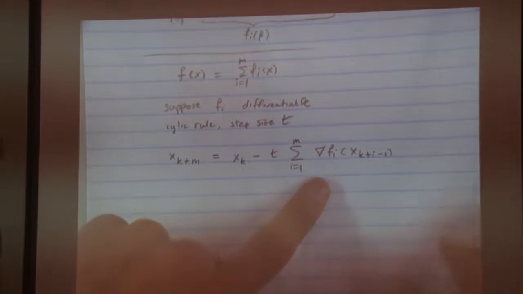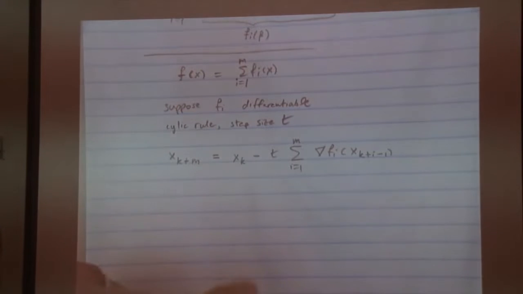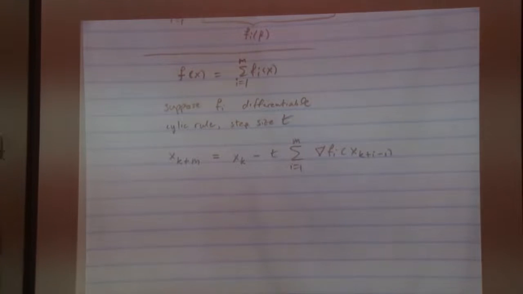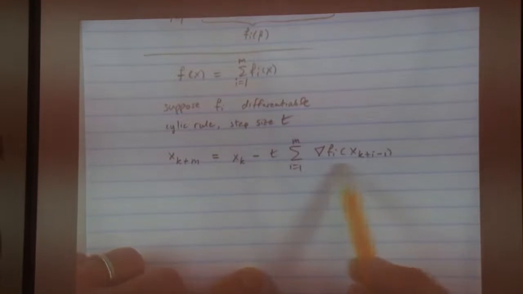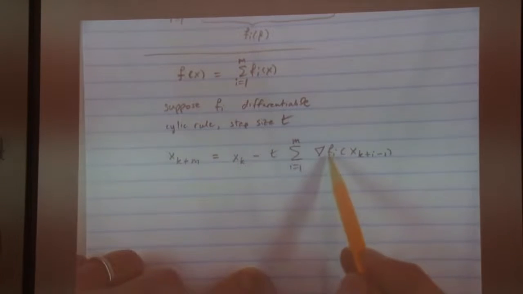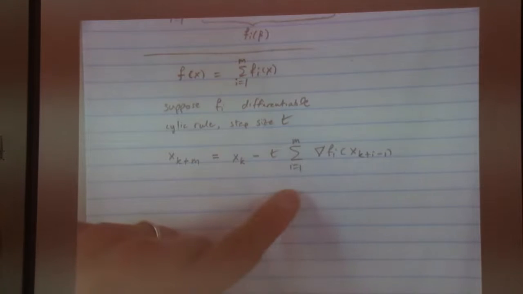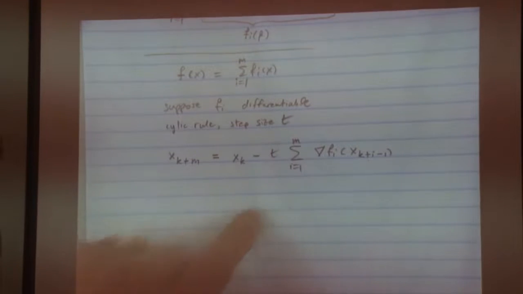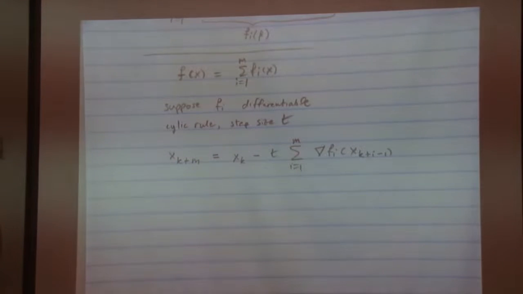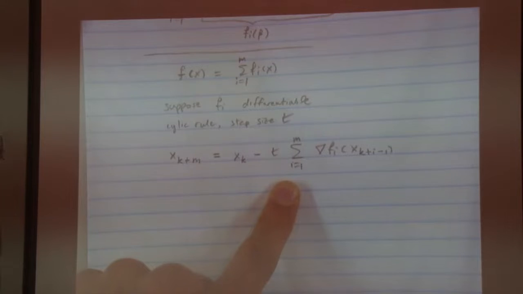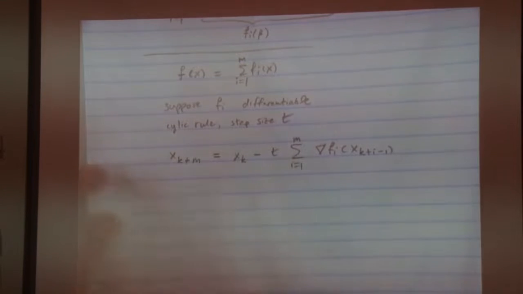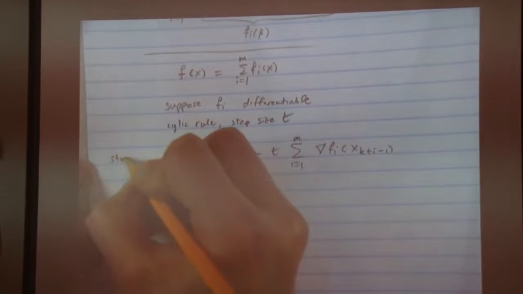The second step, we're going to go from there, and we're going to add along the gradient t times the gradient of f2, and then going to evaluate that at xk plus 1. That's the second term in this sum. So i equals 2. And then we're going to add the gradient along f3, and so forth. So after m steps, if we collect all of those updates in one equation, this is what it looks like. Okay? So this is the stochastic rule.